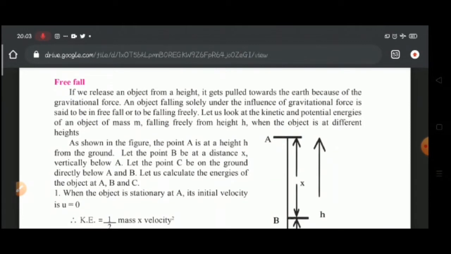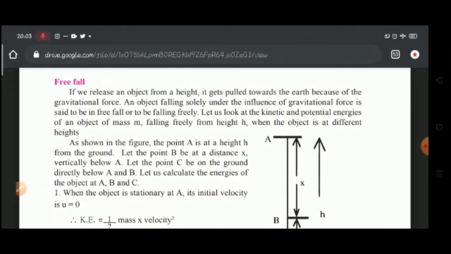Now let us see what free fall is. If we release an object from a height, it gets pulled towards the earth because of the gravitational force. An object falling solely under the influence of gravitational force is said to be in free fall or to be falling freely.